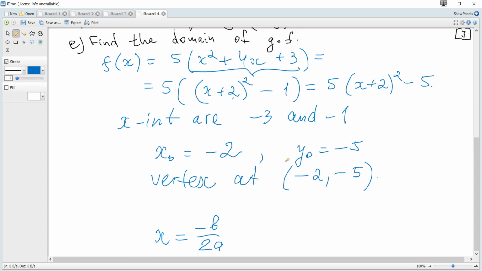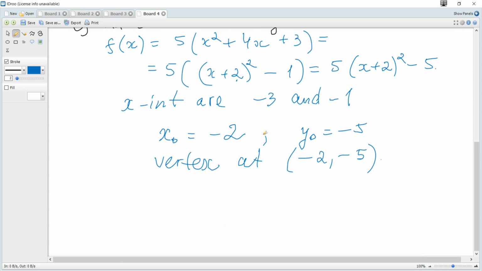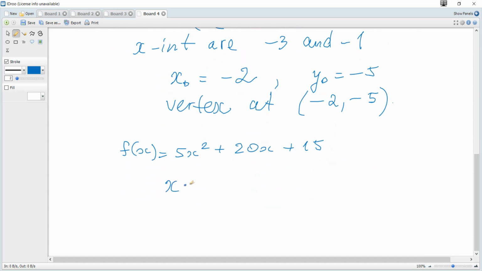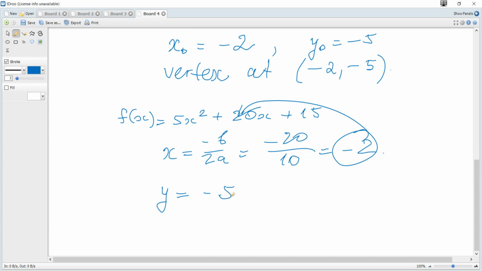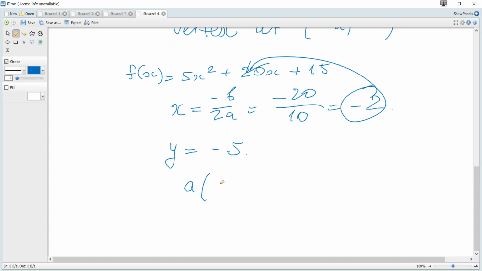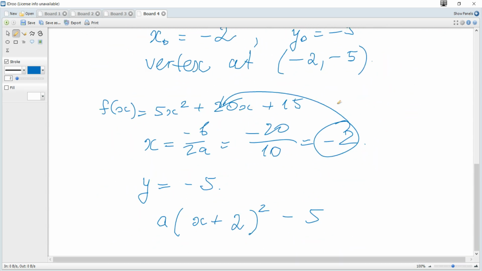You may expand completely, so 5x squared plus 20x plus 15, it's our function, and the x-coordinate of the vertex is minus b over 2a, so minus b is minus 20 over 2a, it's over 10, so it's negative 2, and hence y, substituting negative 2 for x, you get that it should be negative 5, and again you may rewrite as a multiplied by x plus 2 squared minus 5, and then choose absolutely any point.